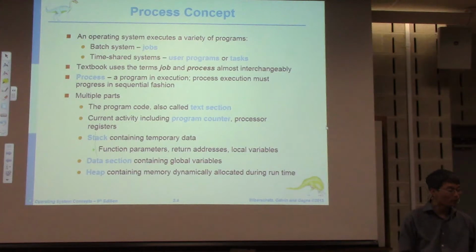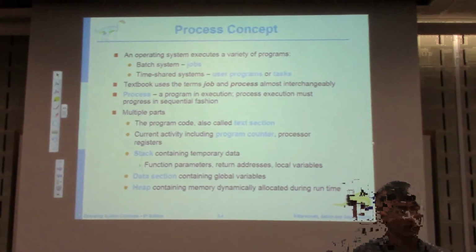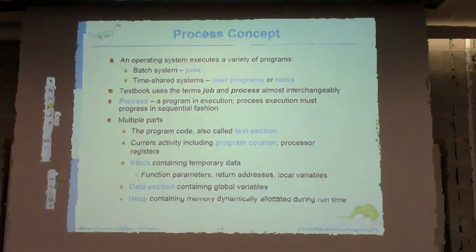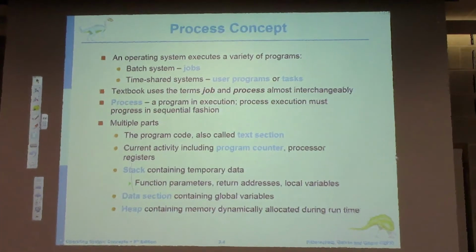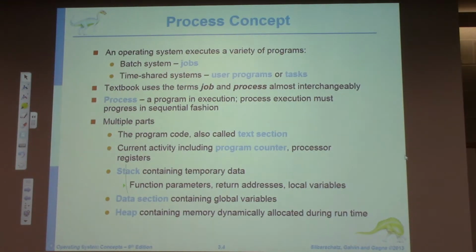So what is the process? It's a data structure. Before designing such a process data structure, we should understand the definition of a program or a process. In a batch system, the process is sometimes called a job.